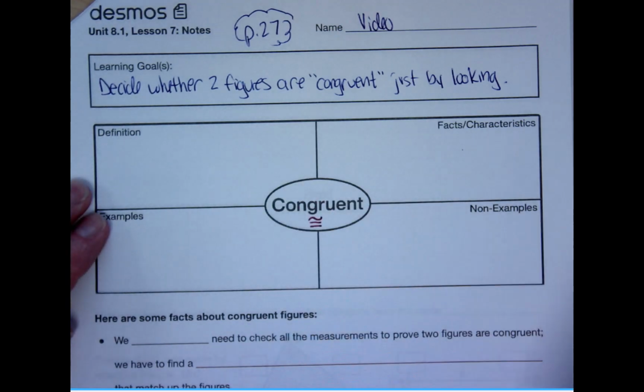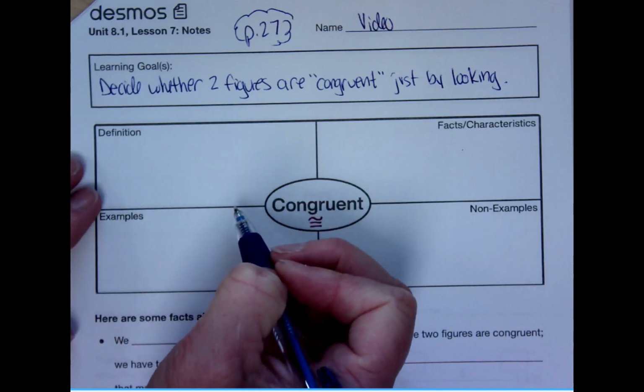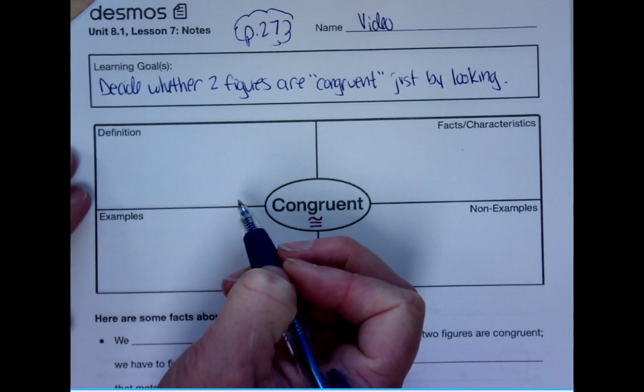Let's start with a definition of what it means to be congruent. We're talking about two figures. Two figures can be congruent.